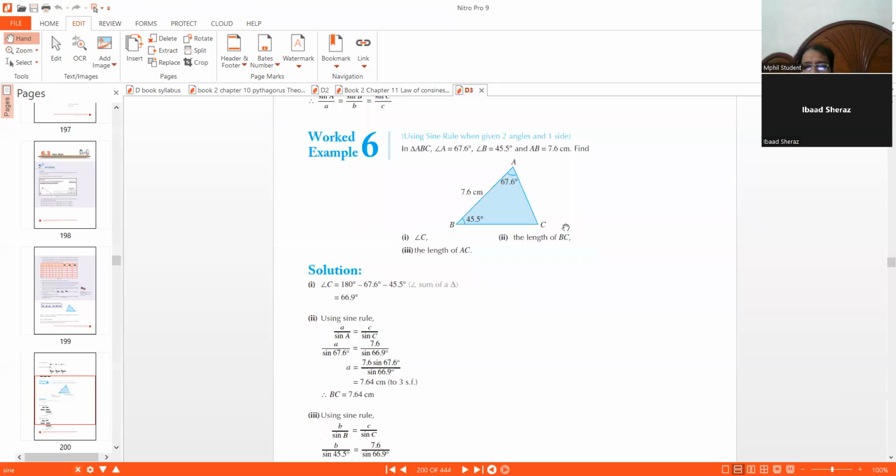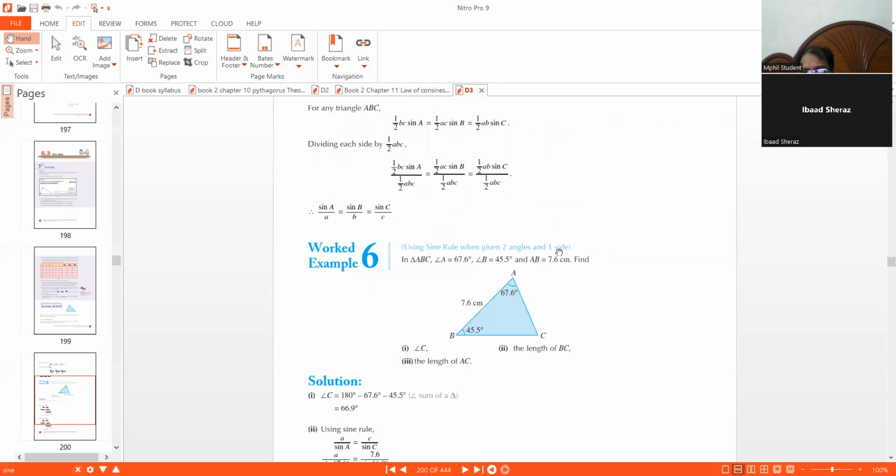Now how will you find these unknown values over here? So you add 67.6 and 45.5, and then wait, you subtract them from 180. Very nice. Then what will happen?